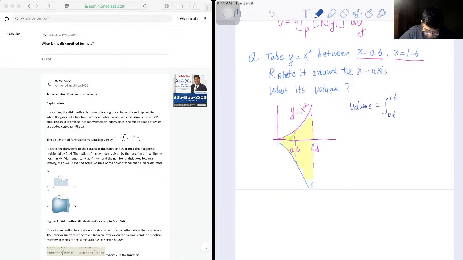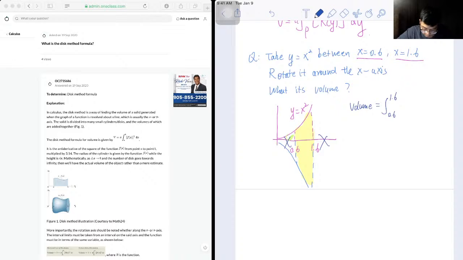Only this part, because it should be between 0.6 and 1.6, so we don't need to worry about the part on the left side of 0.6 or the part on the right of 1.6.